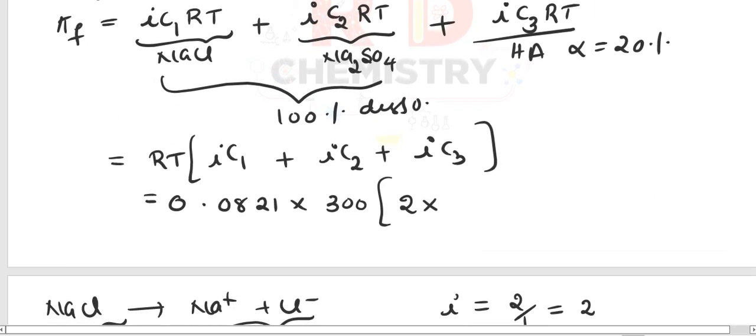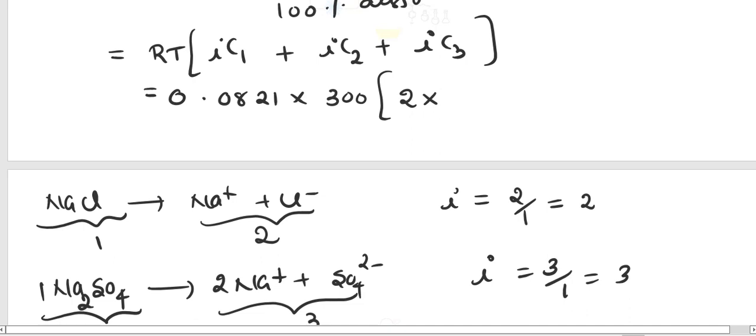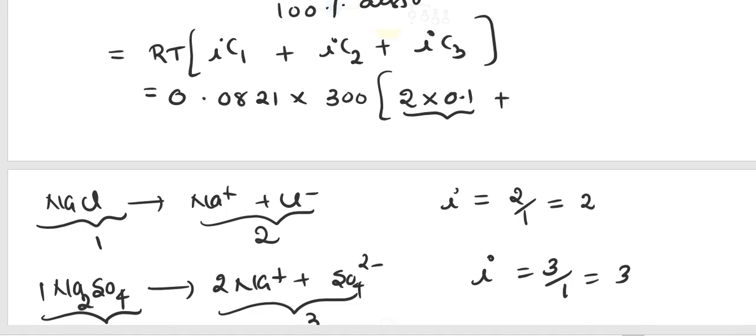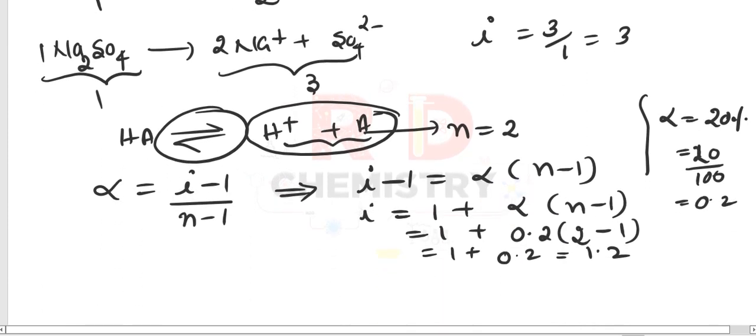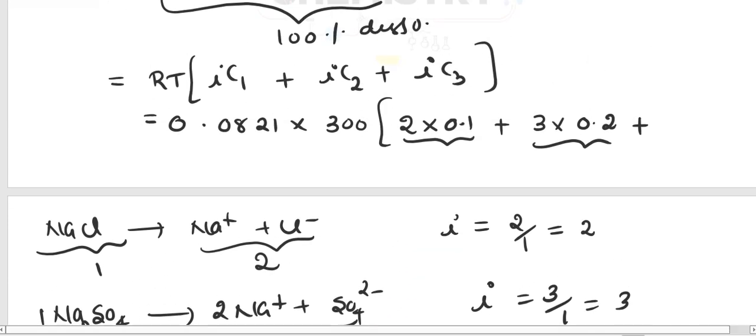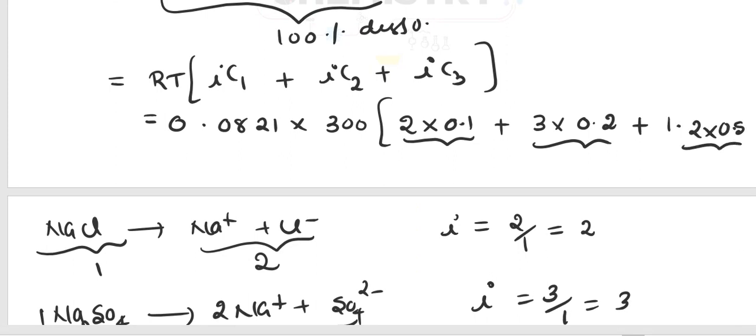So I'll write accordingly: 2 into 0.1, this is for the sodium chloride, plus i is equal to 3 into concentration given, 0.2 molar sodium sulfate, and i for HA is equal to 1.2 into its concentration given as 0.5. Okay, right? So when you calculate this, you get the final answer, which is 34.4 in terms of atmosphere.